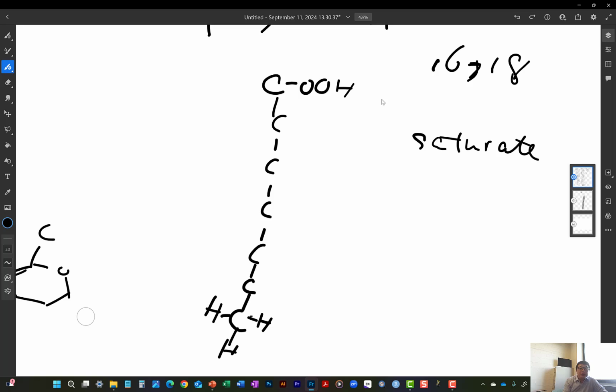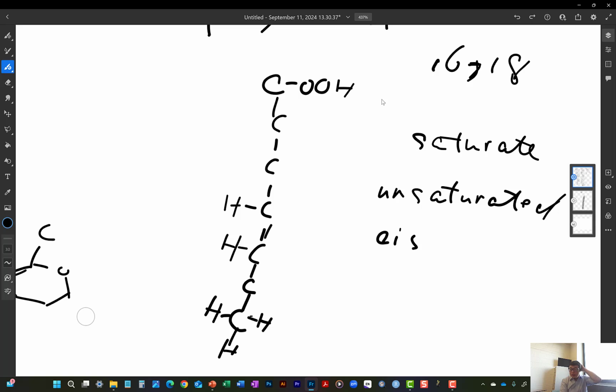And in some cases, you may have a double bond in the center, and this is called unsaturated. Unsaturated means you can still put more hydrogen there. And then the hydrogens can stay naturally on the same side. That's called a cis fatty acid. A cis fatty acid is a natural product.